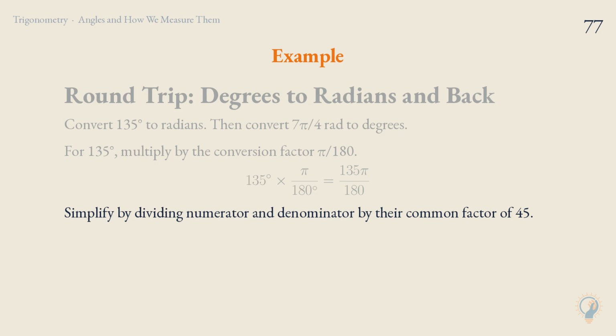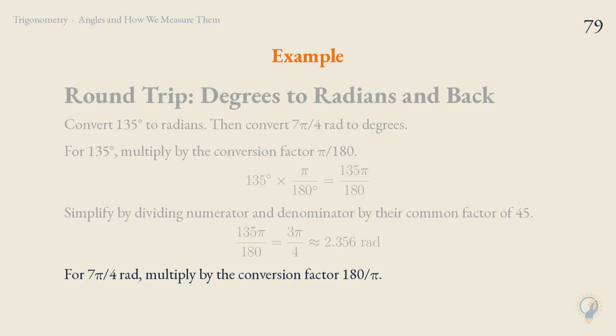Simplify by dividing numerator and denominator by their common factor of 45. 135 pi over 180 simplifies to 3 pi over 4, approximately 2.356 radians.